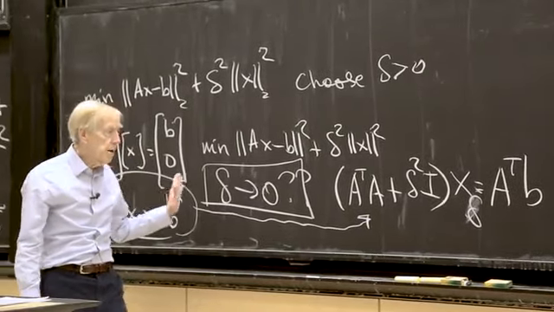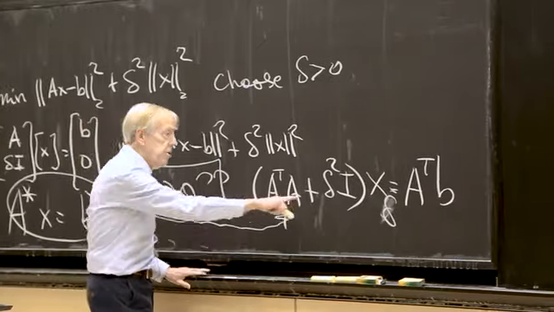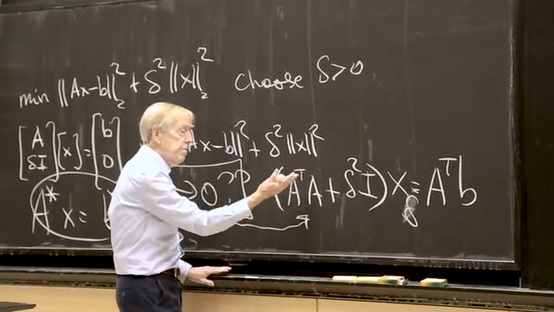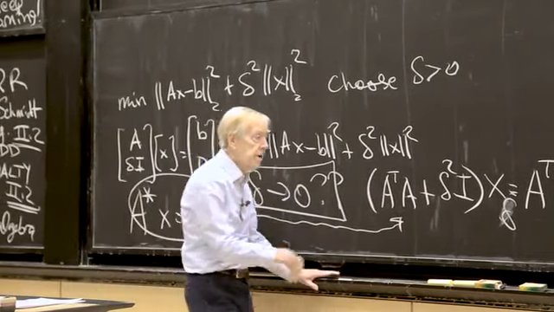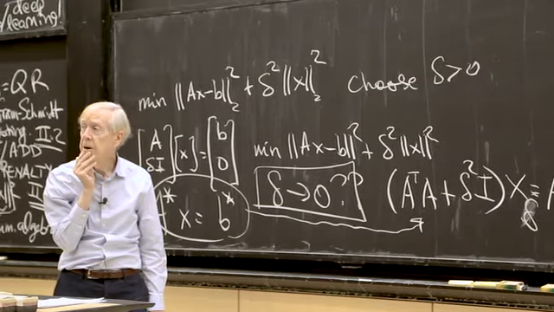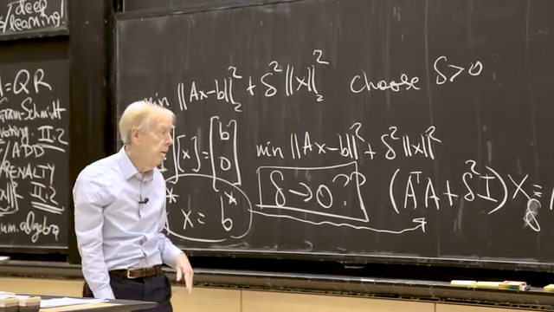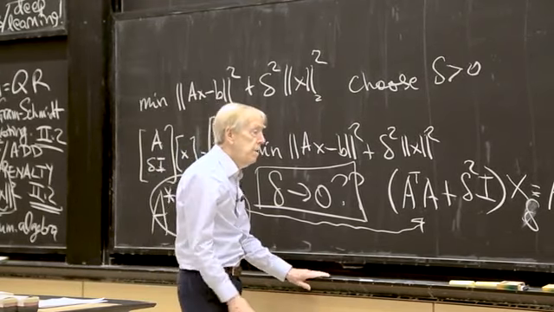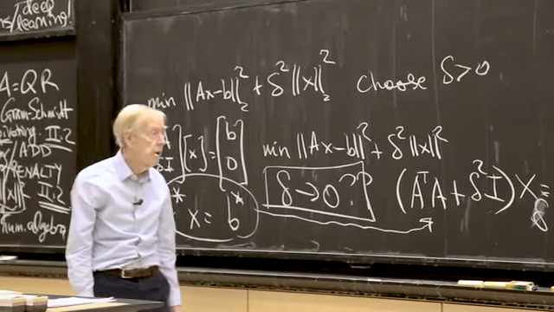And I'm asking what happens. So that solution will exist. Fine. This matrix is certainly invertible. That's positive semi-definite at least. And what about delta squared I? It is positive definite, of course, just the identity with a factor. So this is a positive definite matrix. I certainly have a solution.